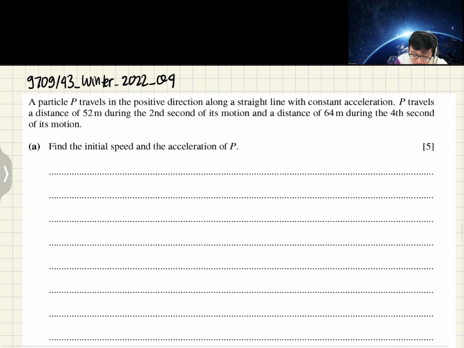Now, what does it mean by the second and the fourth second? So, the particle P travels in the positive direction with constant acceleration. So let's say when the time is 1 second it is here, 2 seconds is here, third second maybe here, the fourth one is here. The second second means that this is the first second, this is the second.